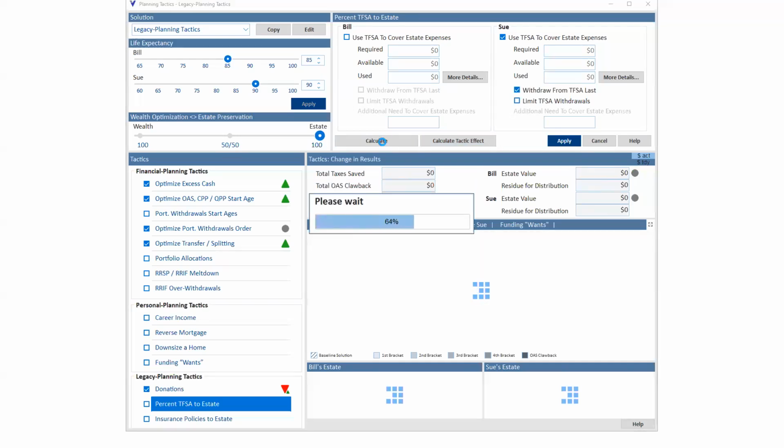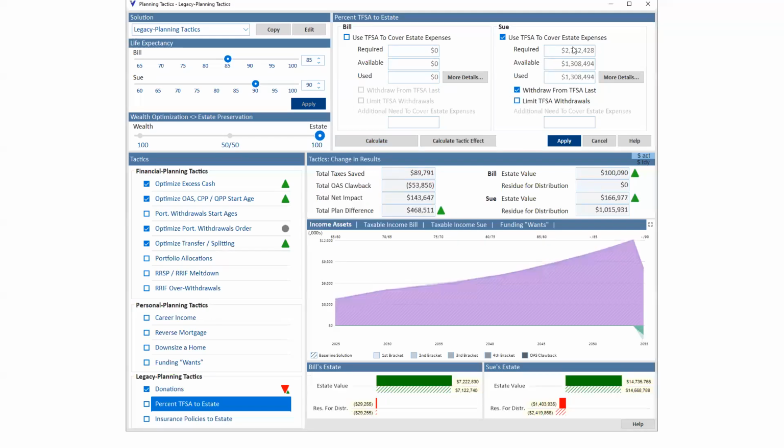What this is going to tell us is how much of the estate is required to cover the negative residue for distribution. It's 2.7, and the available amount in the TFSA is 1.3, and therefore we're going to use all of that 1.3 for estate purposes.